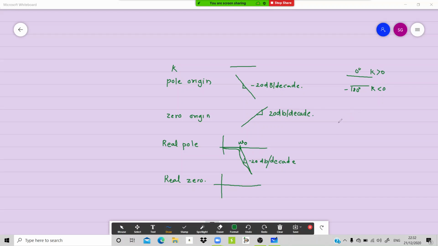Over here for pole, it was minus 90. For this it was plus 90. Here it was 0, minus 45 and minus 90. And for real zero it was 0, 45, and then at this frequency it was 45, and then it was 90.